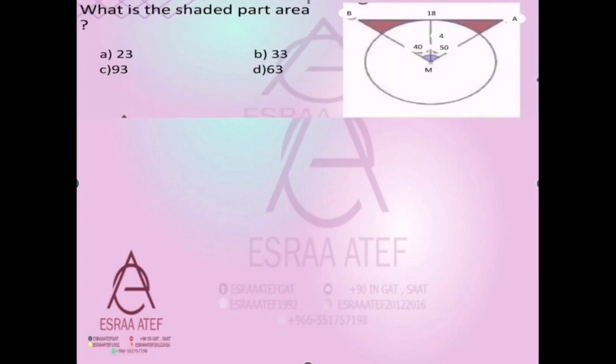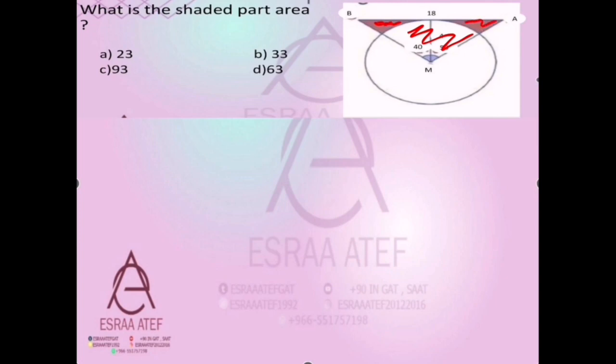Here we want to get the shaded part area, which is this part and this part. Here we will get the area of the whole triangle, and then get the area of this part, and then subtract them from each other to get the shaded parts.